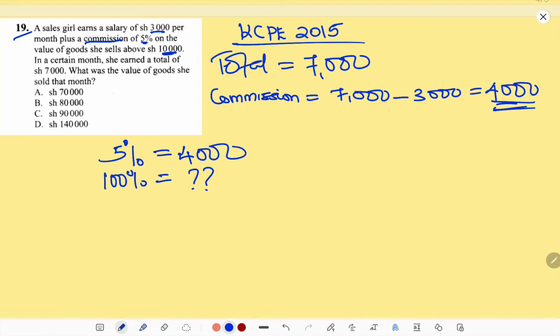Now there are two ways of going about this. Let's say method one.